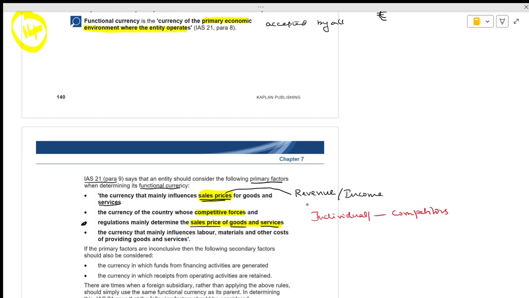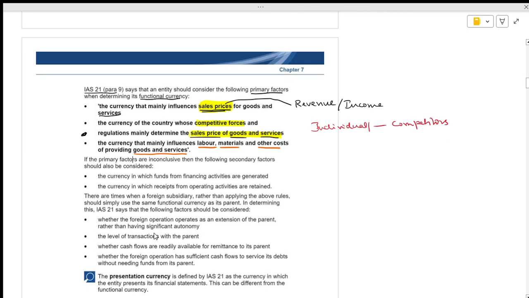The currency that mainly influences the labor, materials, and other costs of providing goods and services. This is one of the criteria. These are the primary factors. These are the things which you have to work out.